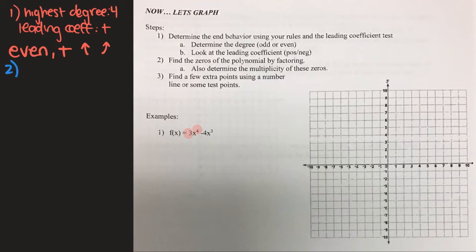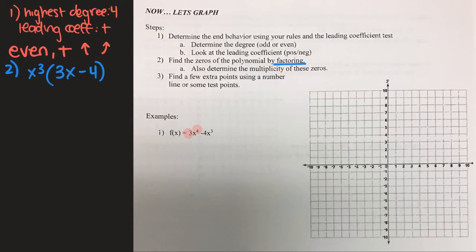Well, to do number 2, I need to find the zeros of the polynomial by factoring. So let's factor. What I can do is pull out an x cubed from both of my terms, and then what's left over is 3x minus 4.